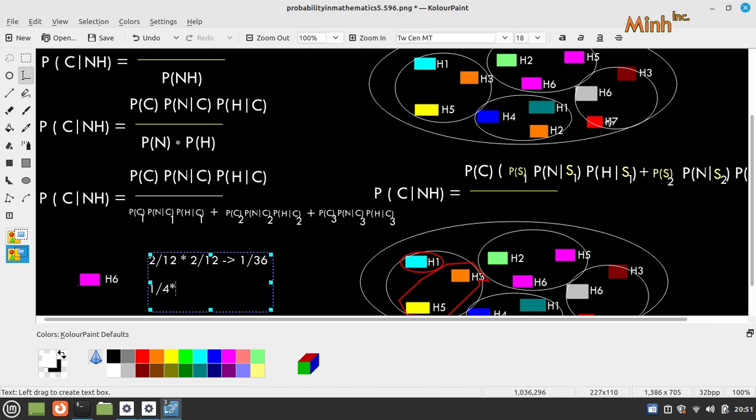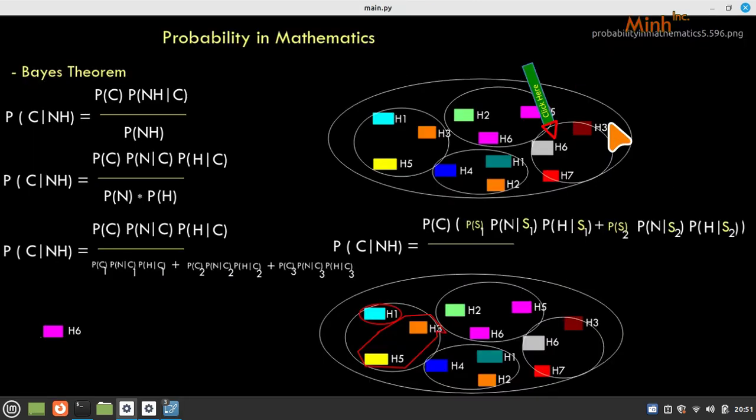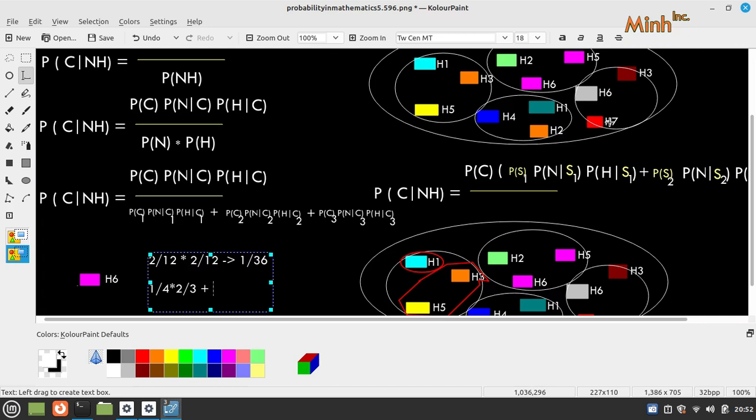Okay, and then it is 2 by 3 inside that, plus, now this is one class. Otherwise purple is not available anywhere else. So that is the scenario of this.